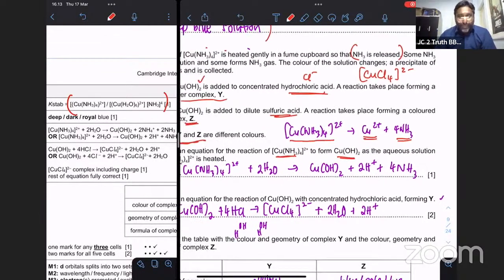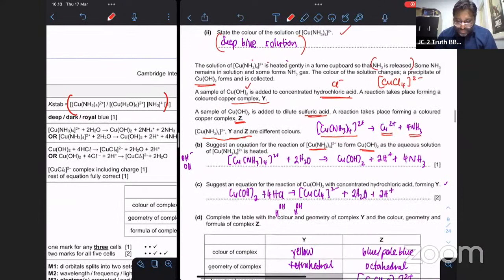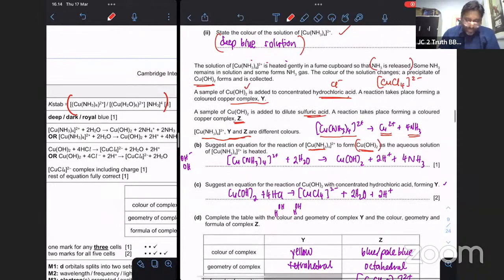Now this copper 2 plus, you are going to suggest an equation to form CuOH as the aqueous solution is heated. So what happens? You are going to form CuOH2.